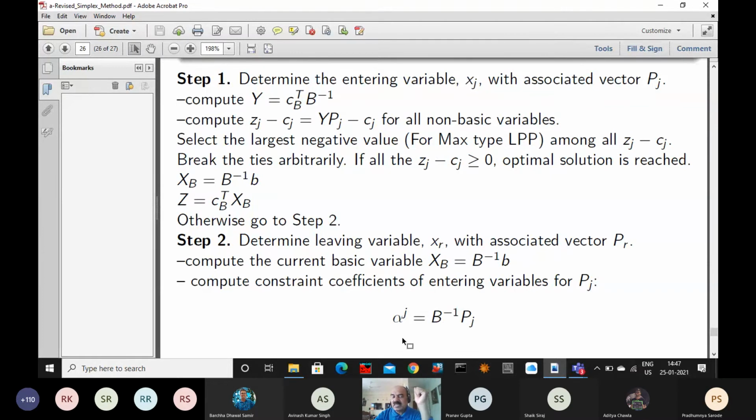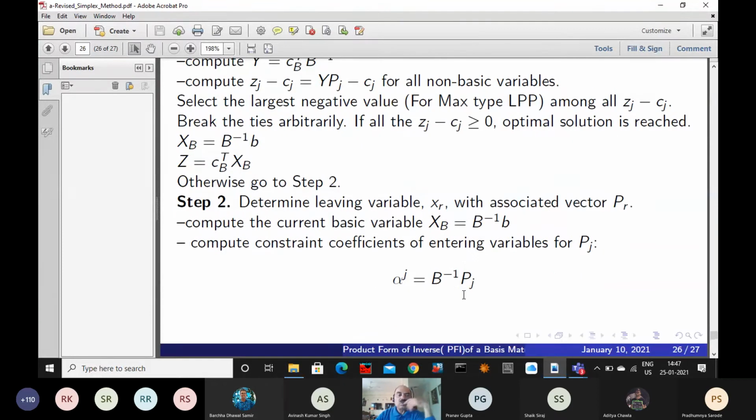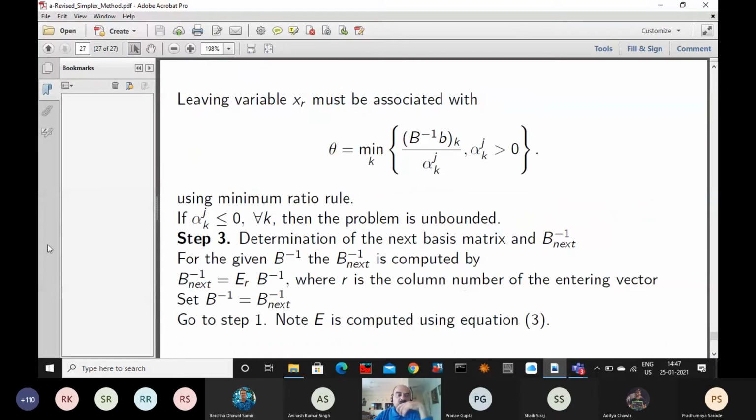They are vectors. XB has m components, and alpha j also has m components. Then we find the positive ratio. The leaving variable xr must be associated with theta, the minimum ratio, the minimization over k of the kth component of B inverse into b, divided by the kth component of alpha j, where the element you divide by has to be positive, cannot be zero.